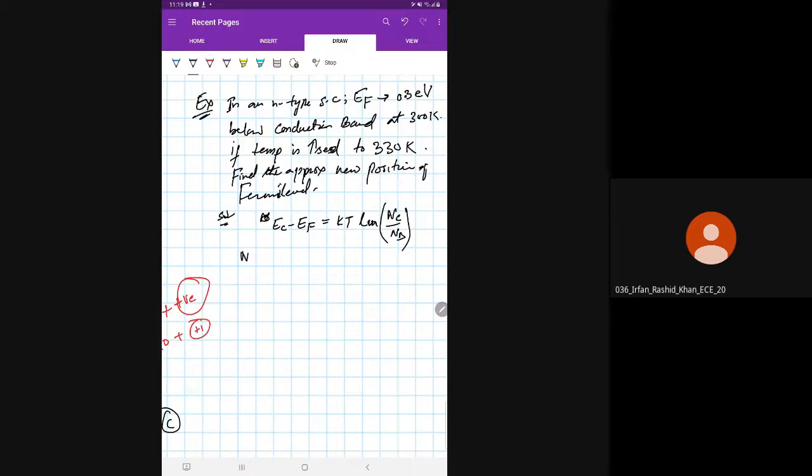So first we'll write down: neglecting variations in NC due to temperature.